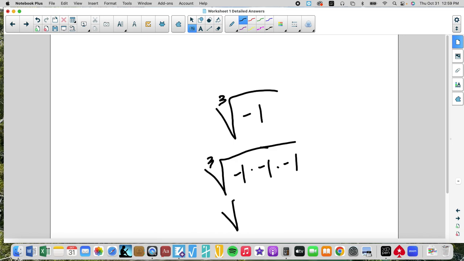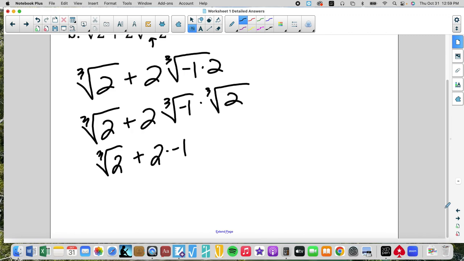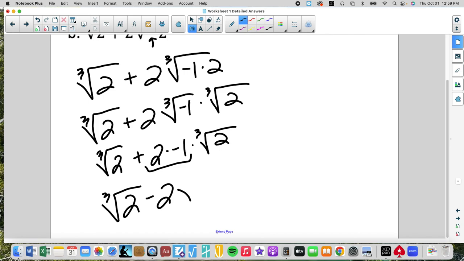And that would be written as the quantity of -1 cubed, which simplifies to -1. Haven't done that one in a while, so that was more than obvious. Cube root of 2, we're going to multiply these two because they're on the outside. Cube root of 2 minus 2 cube root of 2.